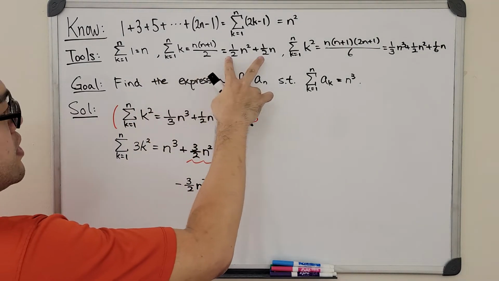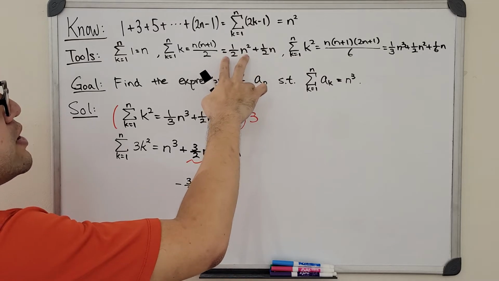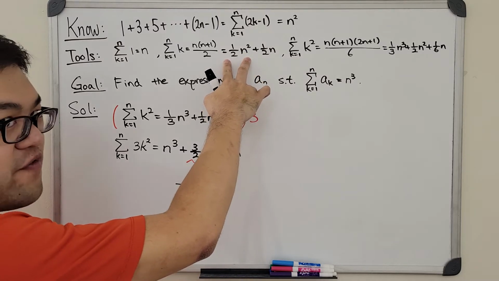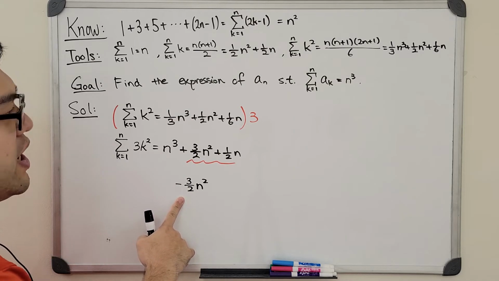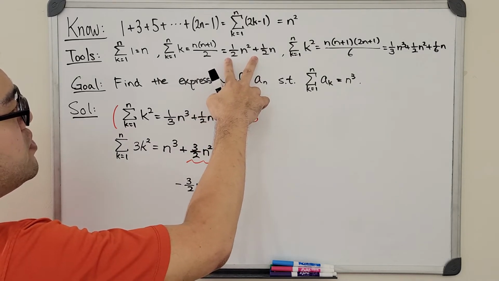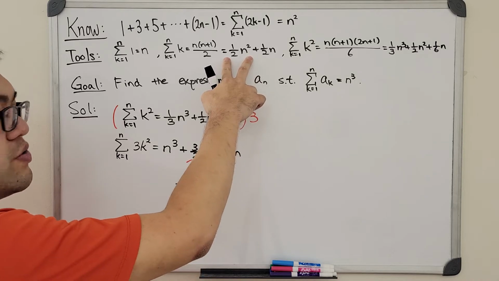But if we look at the expression carefully, here we only have 1/2 of n squared. And since we want to subtract 3/2, what can we do in order to bring it into 3?